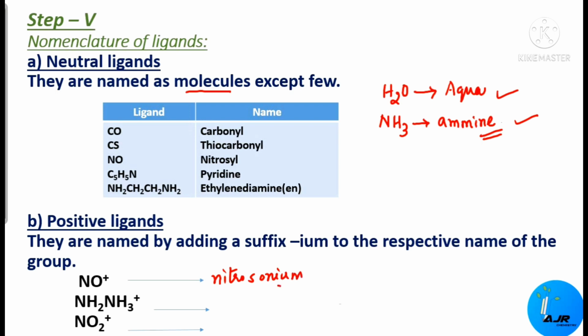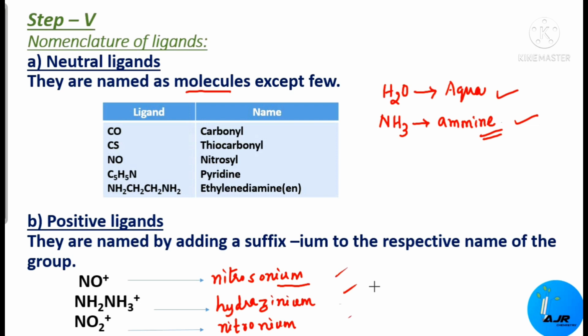As I told you, ium will be coming at the end. Next one is NH2NH3 plus, hydrazine, so it is hydrazinium. Here also we are having ium. Next one is NO2 plus. It is nitronium. So these are the different types. Some few examples I have given for positive ligands. Normally, these positive ligands rarely occur in the complexes.